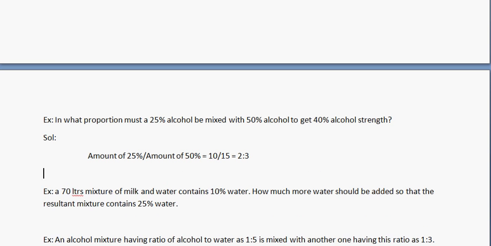Now let's go to the next question, which says a 70-liter mixture of milk and water contains 10% water. How much more water should be added so that the resultant mixture becomes 25%? Again, you have 2 minutes or less for it. Just try and solve it.